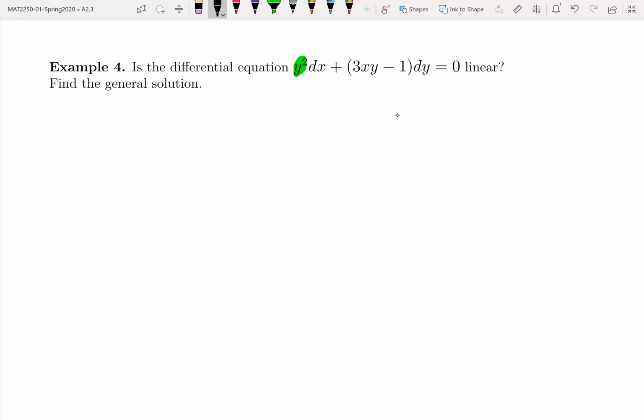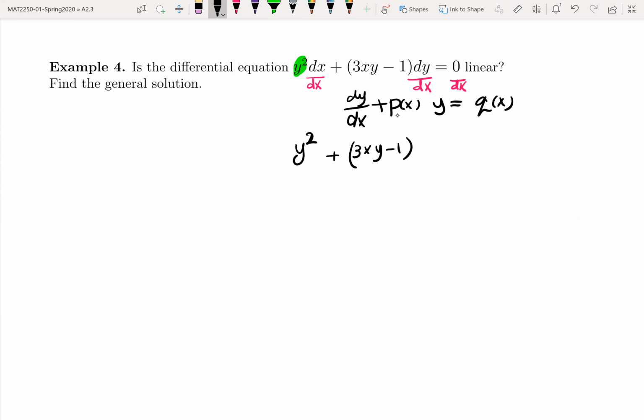If it's supposed to be standardized, it has to be dy dx, and then a function of x times y, and then a q of x. So one way is to make this one dy dx, right? That gives you y squared, and that gives you 3xy minus 1 dy dx equals 0.